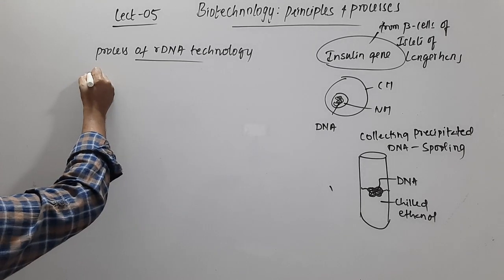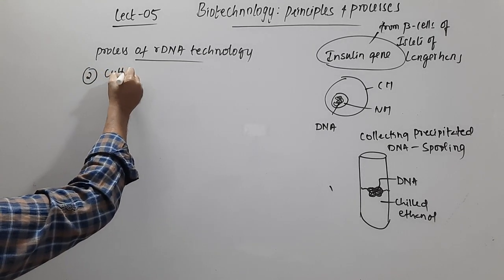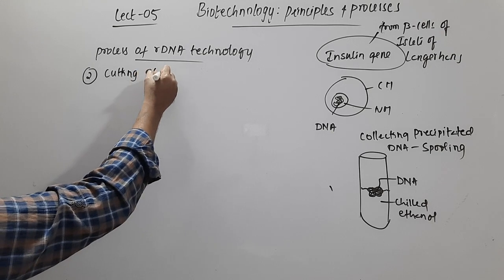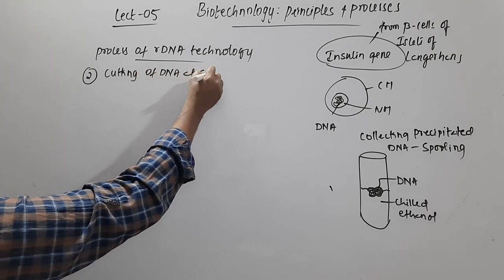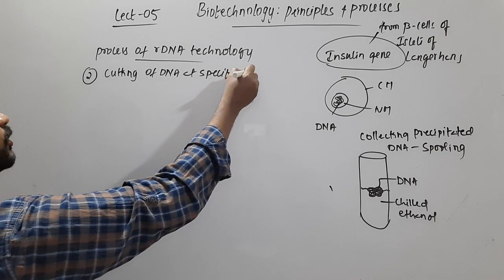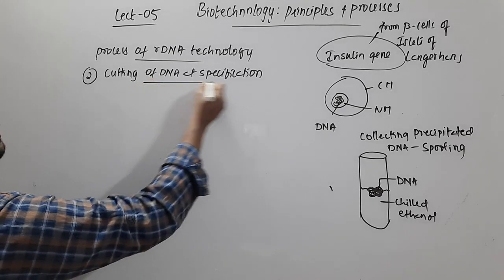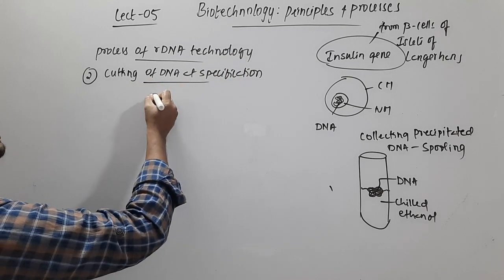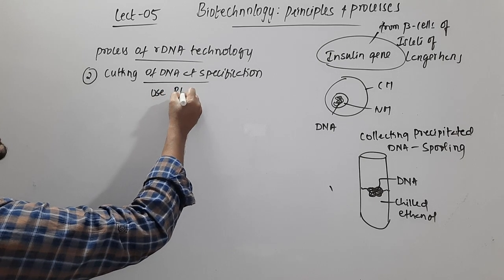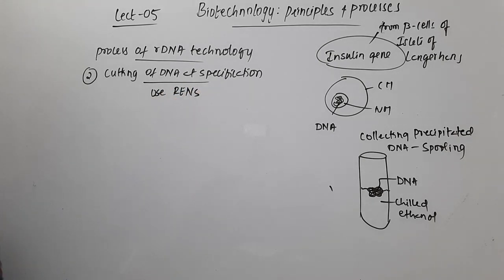So let's see the second step, cutting of DNA at specific locations. I hope you know how we need to cut the DNA at specific locations, and for this process we need to use restriction endonucleases.